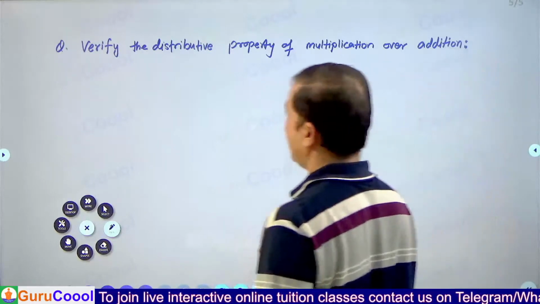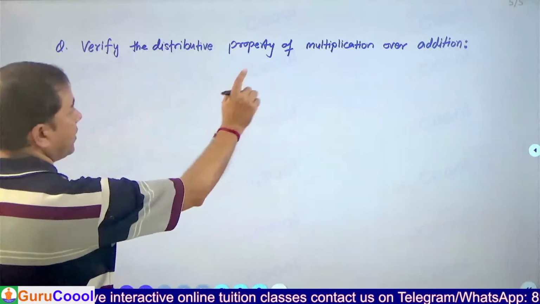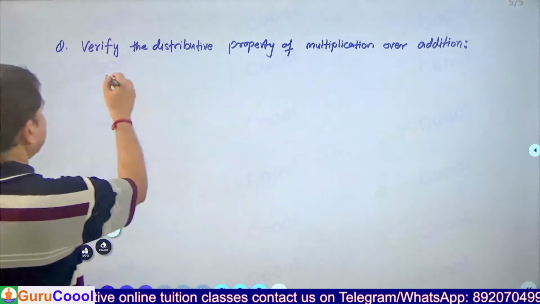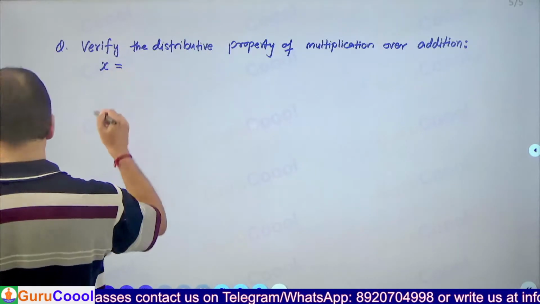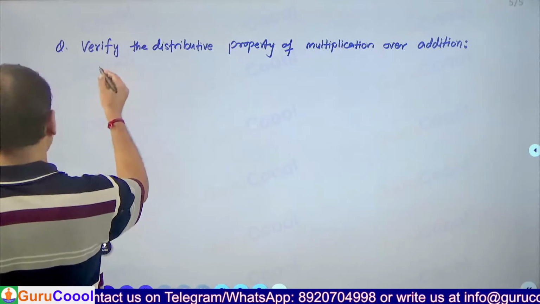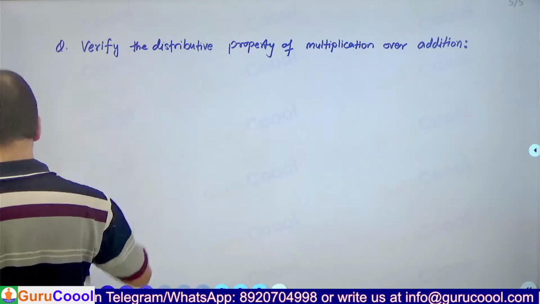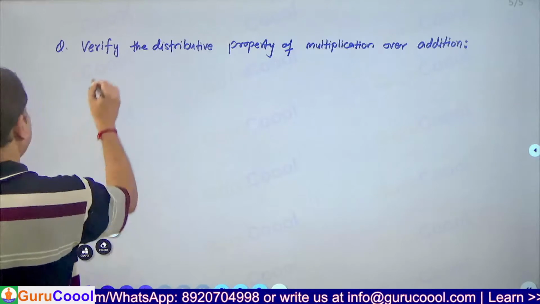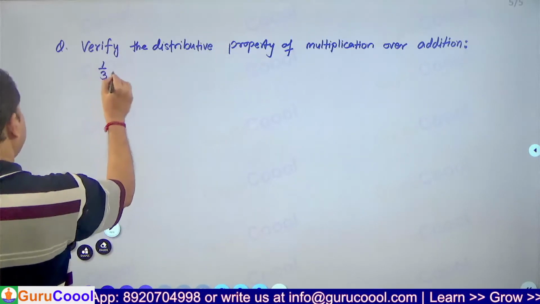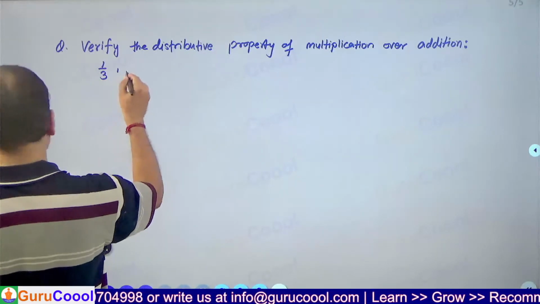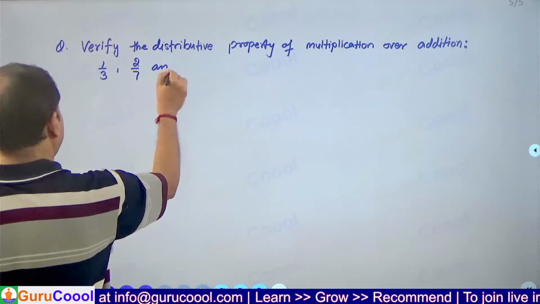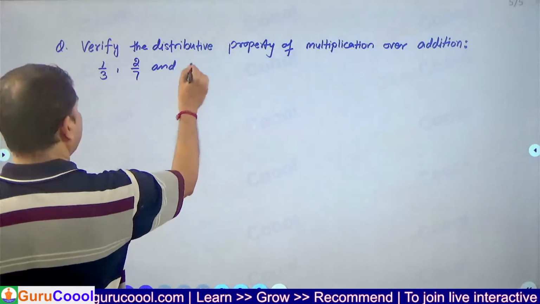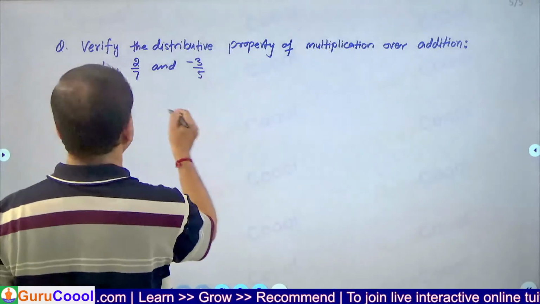You have to verify distributive property of multiplication over addition, and you have been given three numbers. X is equal to, or let's take directly the rational numbers, 1 by 3, 2 by 7, and the third one is minus 3 by 5.